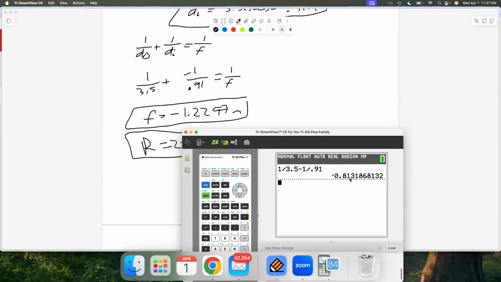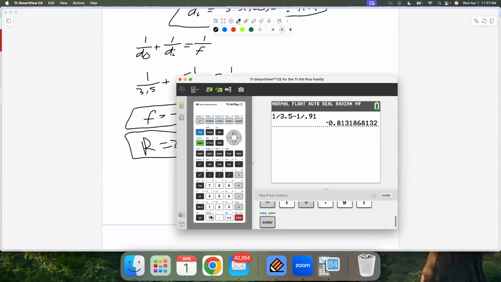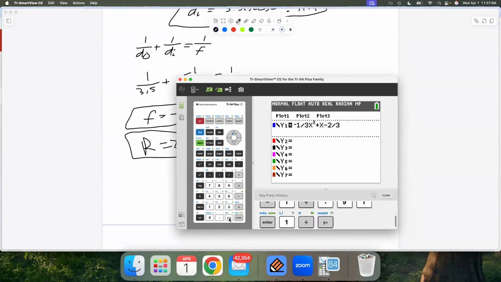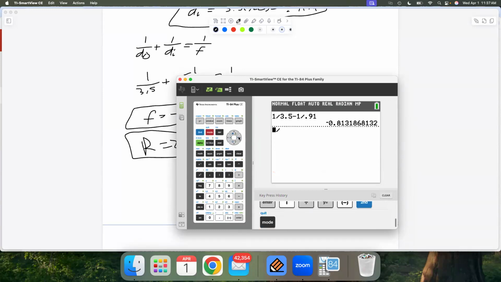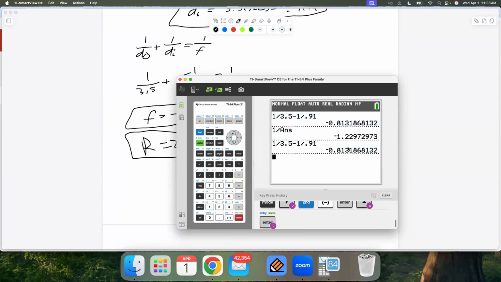That's 1 over F. So I could either do 1 divided by second answer, or once I've got this answer in front of me, I could just flip it over.